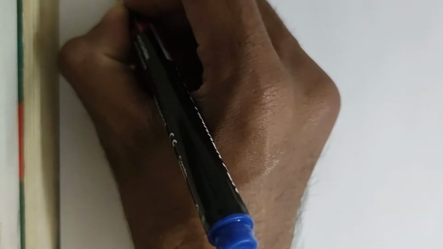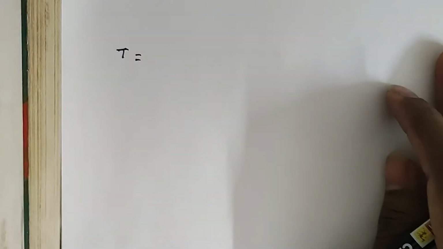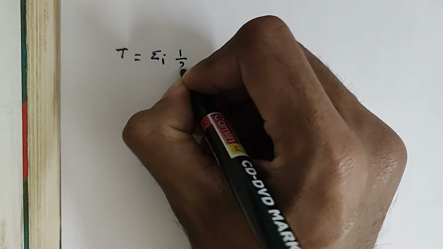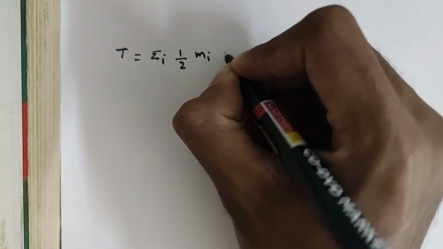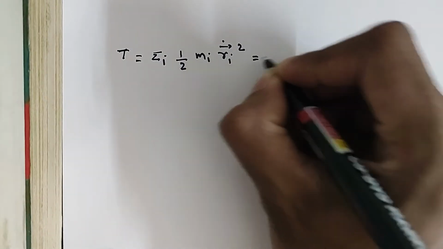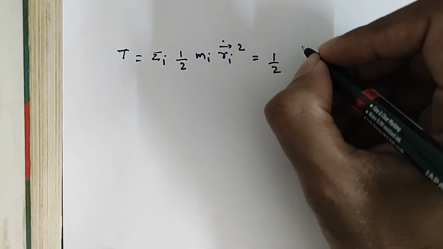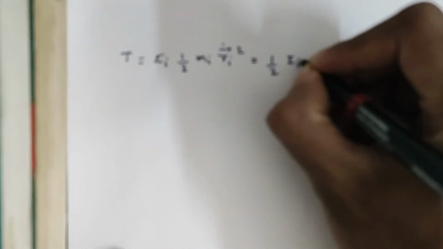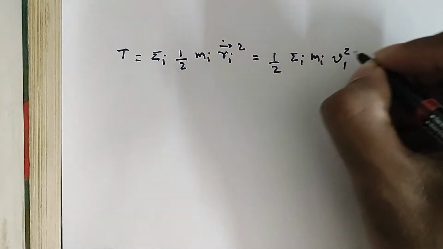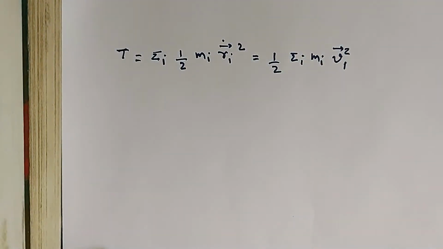From the last class, we remember having kinetic energy of the form T, which is the summation over i of half m_i r_i vector dot squared, velocity squared, and I can write it in this form just to make sure I understand that it's a velocity.